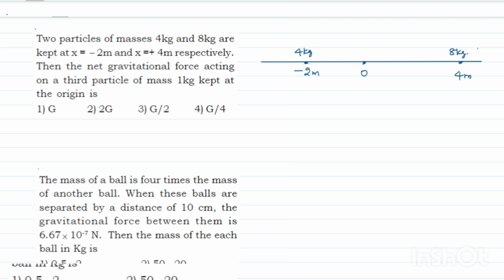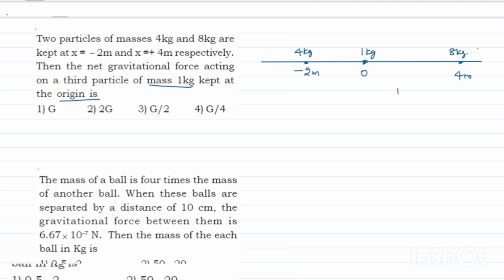Now the net gravitational force acting on a third particle of mass 1 kg kept at the origin is asked. At the origin you are keeping the 1 kg mass. What is the force of attraction between these, they are asking. The distance of separation will be 2 meters on one side and 4 meters on the other.